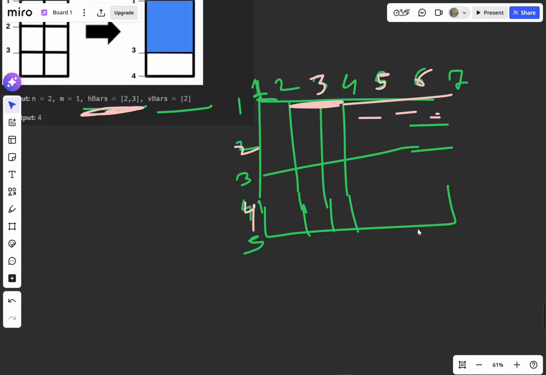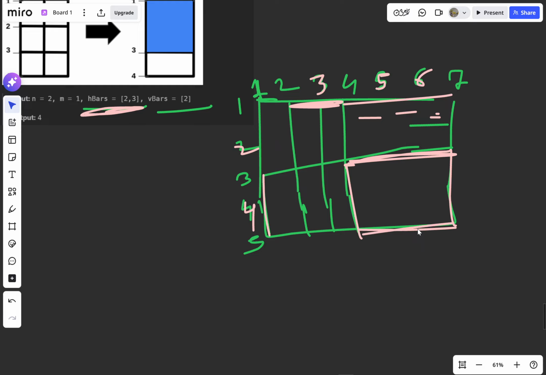So here we have removed the 4 also. After removing this 4 we can get this 2 as a length, and the continuous length we can get is this, this as a 3.